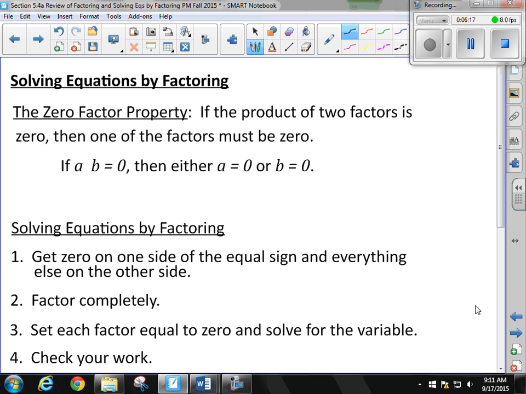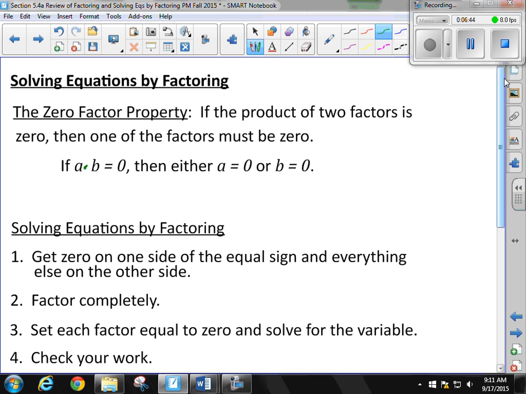Now that we know all of our factoring techniques, we're going to talk about how to solve an equation by factoring. When you have exponents in your equations, you want to try and factor. We're going to use the zero factor property, which says if the product of two factors is 0, then one of the factors must be 0. So if a times b equals 0, then a is 0 or b is 0.